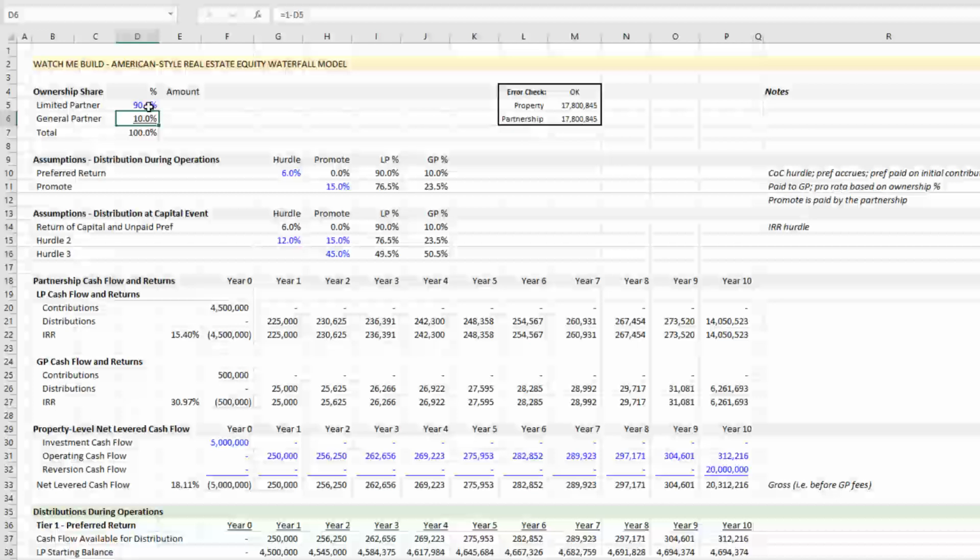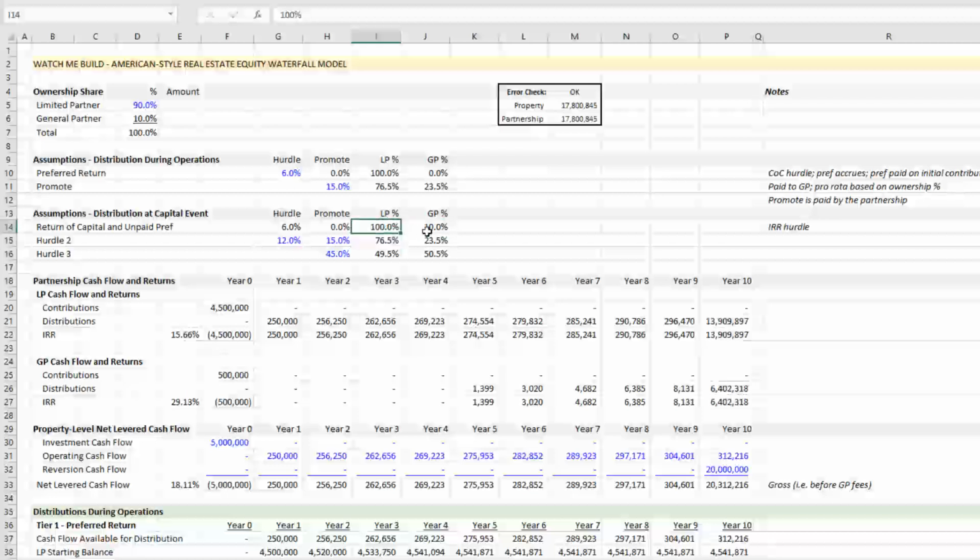But you might have a scenario where, let's say that it's not pro rata. It's to the LP first. LP receives, even though it's 90-10, 100% of the cash flow in this preferred return tier, or even worse, 100% of the cash flow here. That would make this 0.